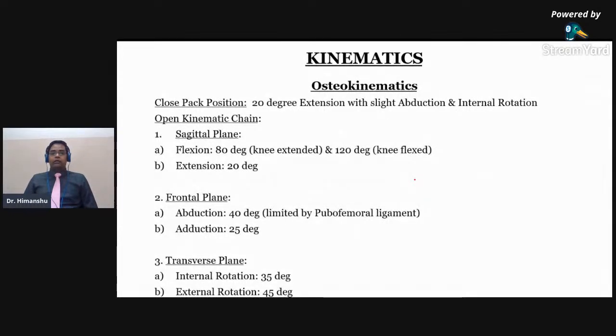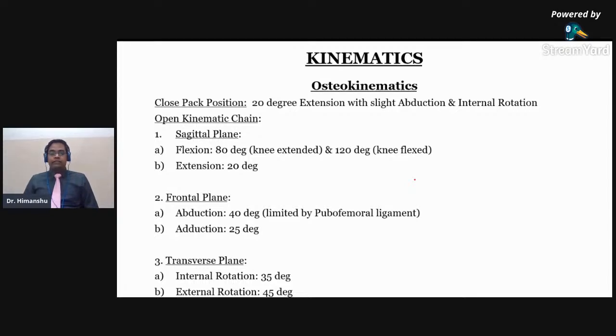So talking about the open kinematic chain or osteokinematics of the hip joint, in the sagittal plane we have 80 degrees of flexion with the knee extended and 120 degrees of hip flexion with the knee flexed. And the extension, as I've already told you, 20 degrees of extension is present physiologically. In the frontal plane, we have abduction adduction.